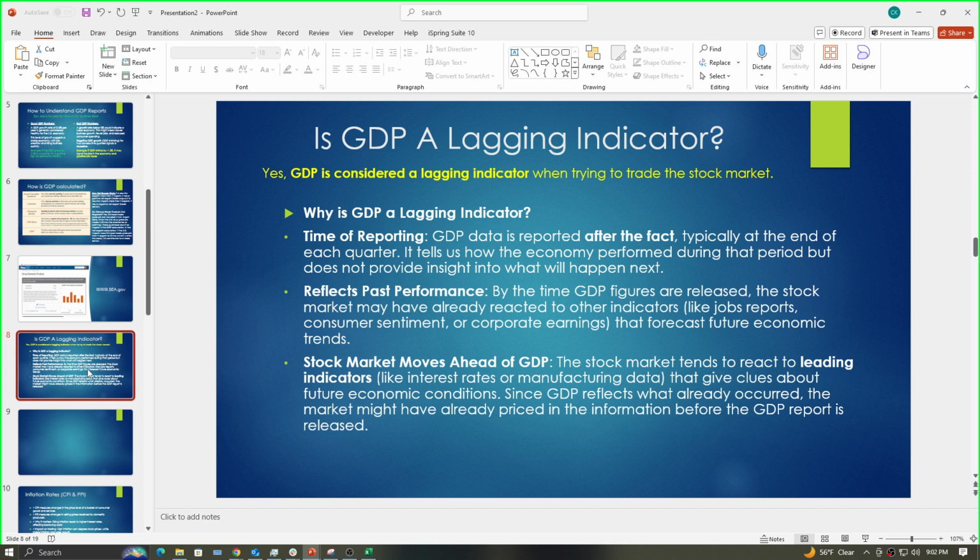Typically at the end of each quarter, it tells us how the economy performed during the period, but does not provide insight into what will happen next, right? I want you guys to understand that. It does not provide insight onto what happens next. So typically at the end of each quarter, it tells us how the economy performed during that period.